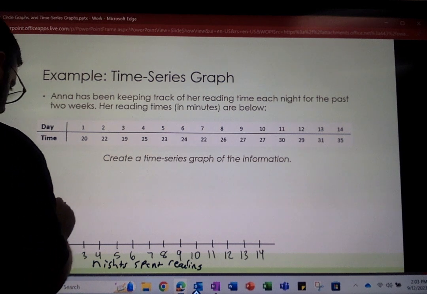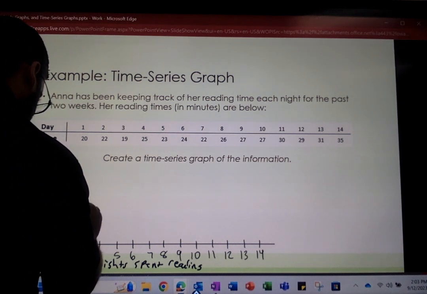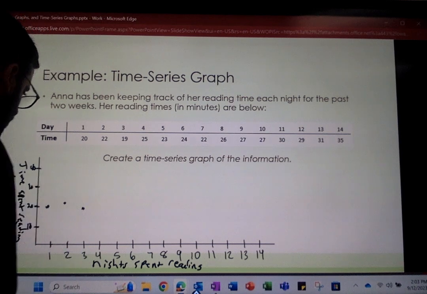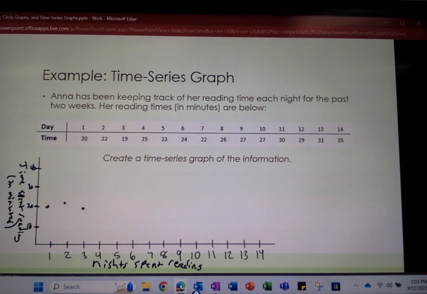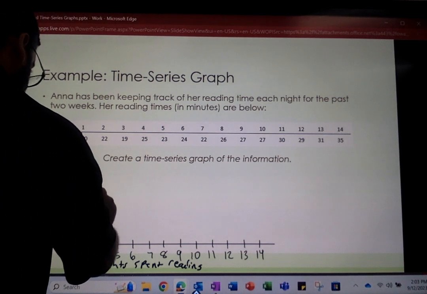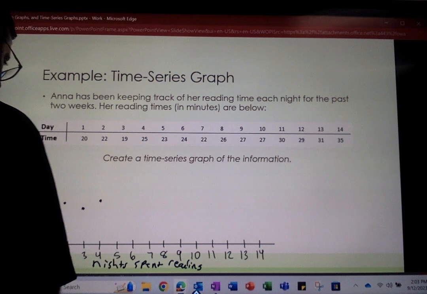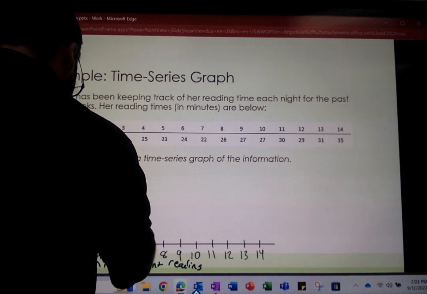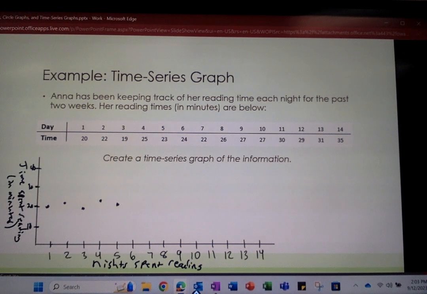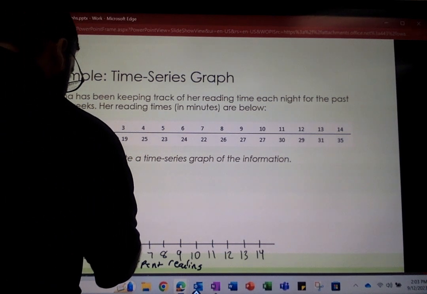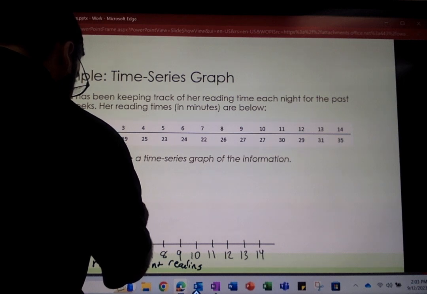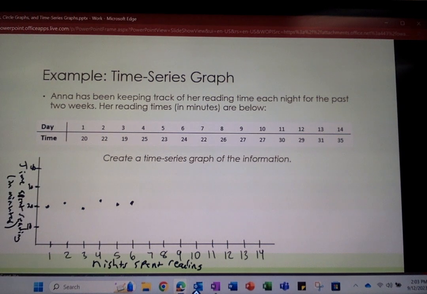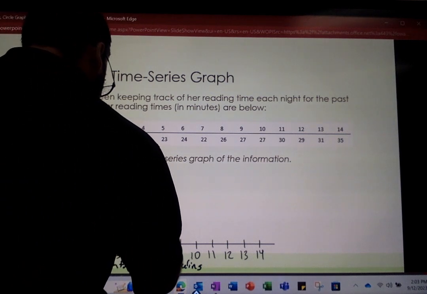Night 3, we went down a little bit. Night 4, we're at 25, so halfway through. Night 5, 23, so just a little bit less than that. Night 6, 24, so I have to find an in-between point here. Night 7, 22, so right underneath 23.